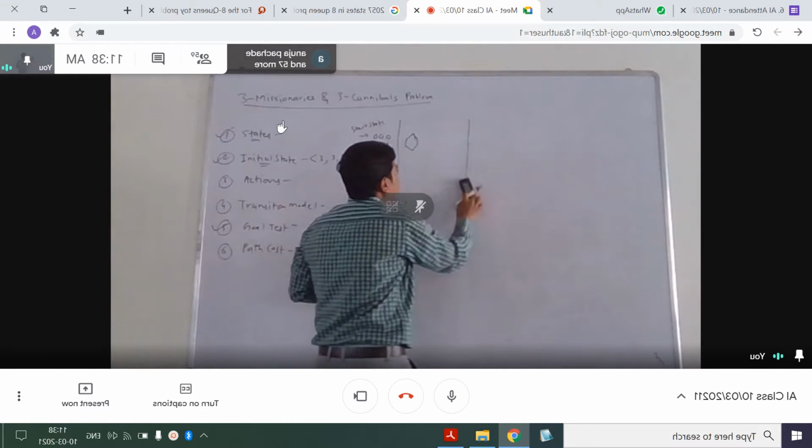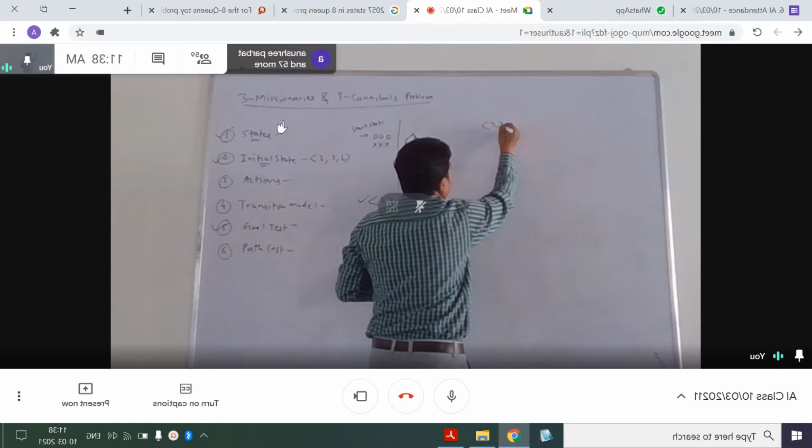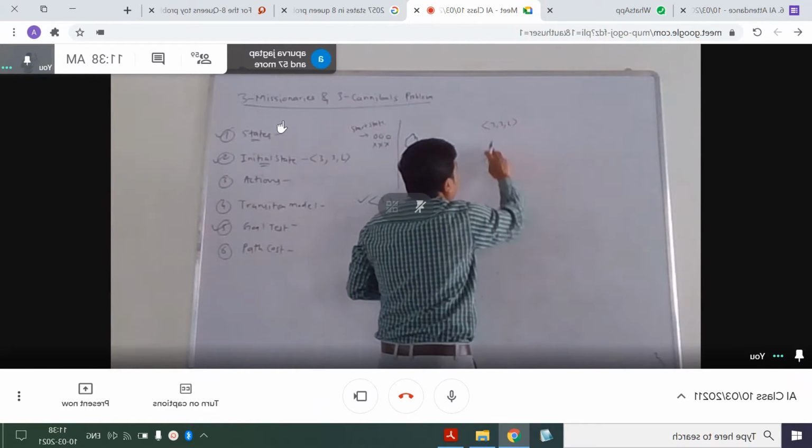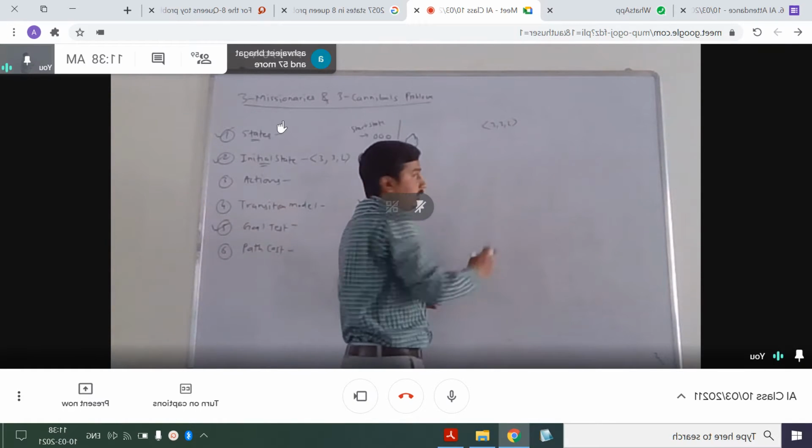So how many states are possible? We will find out all the possible combinations. We have 3 missionaries, 3 cannibals, and the boat is on the left bank.